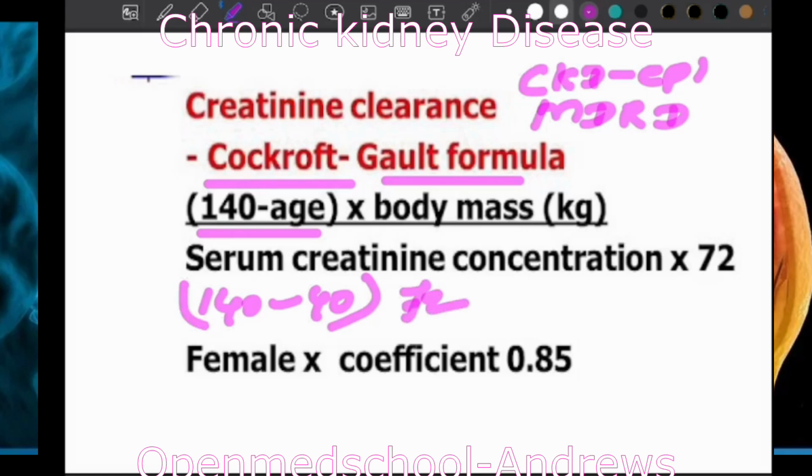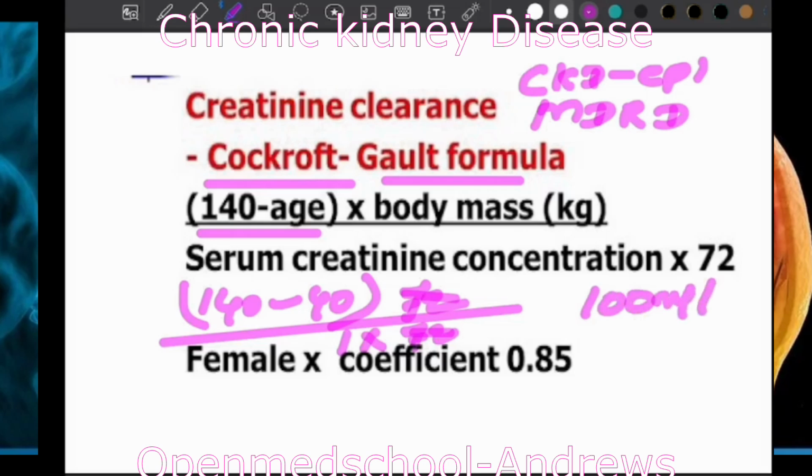The serum creatinine is 1 milligram. So divided by 1 into 72. So this will be 100 ml per minute per 1.73 meter square. For female, you multiply with 0.85.